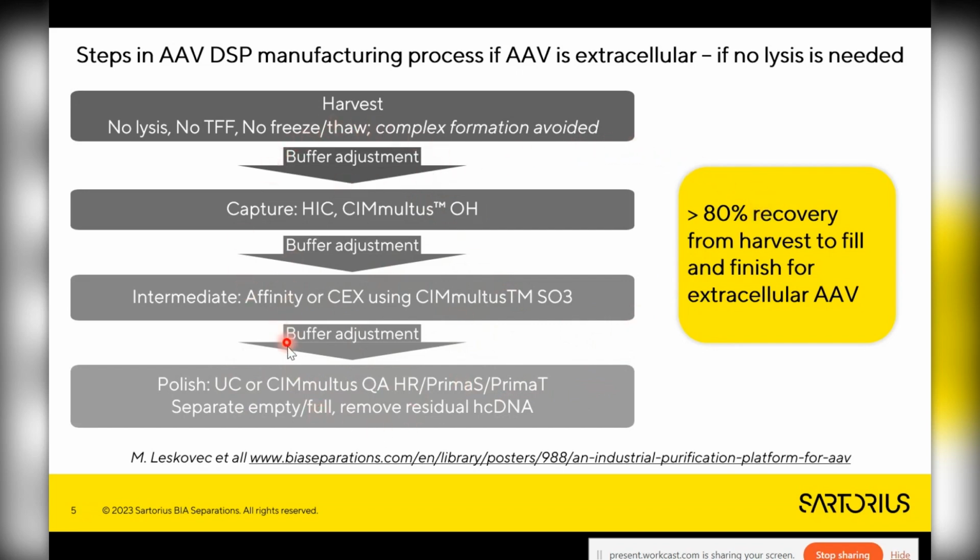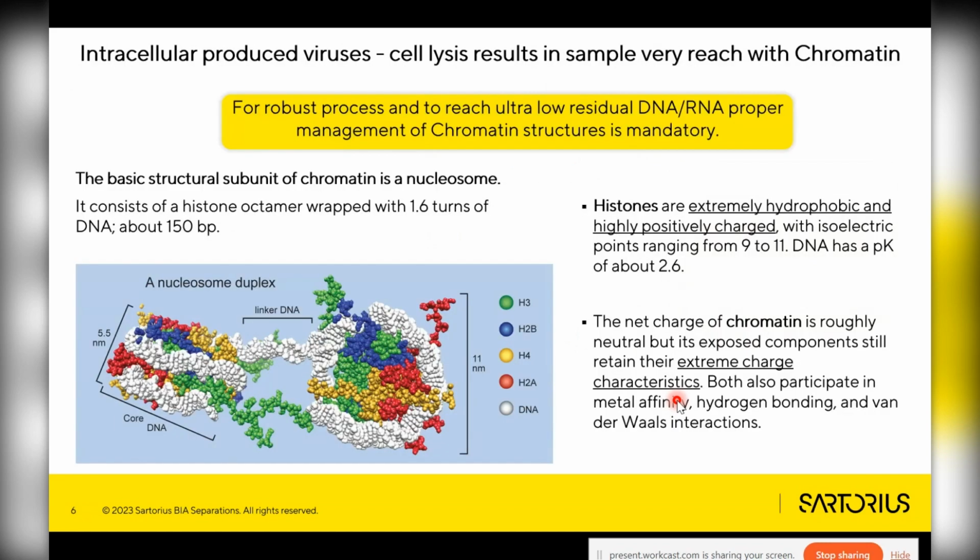If you are dealing with this downstream process, you should be able to see close to 80%, sometimes even more than 80% recovery of the full AAV, from the harvest to the pure full AAV. So very high recovery of the product.